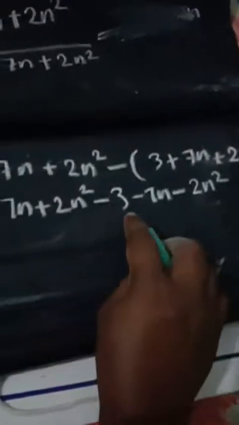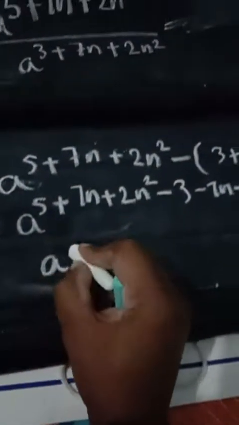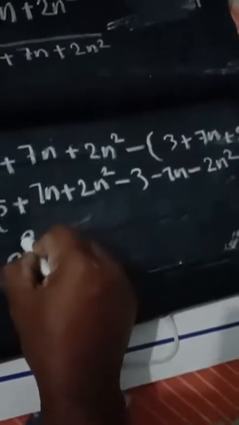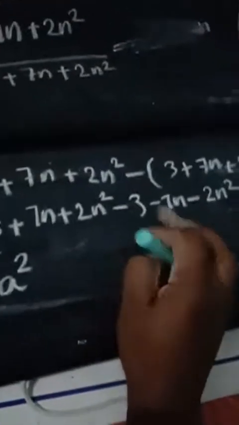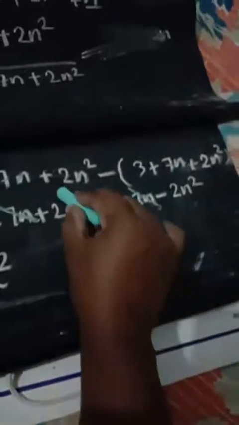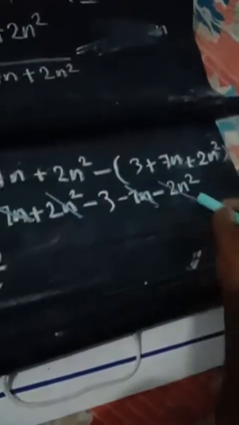Now 5 and here minus 3. What is 5 minus 3? 2. Now here plus 7n minus 7n. What is plus 7n minus 7n? Gets cancelled, 0. Now 2n square minus 2n square, 0. Only 5 minus 3.